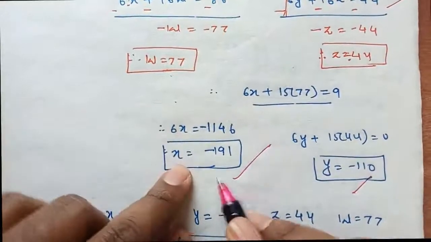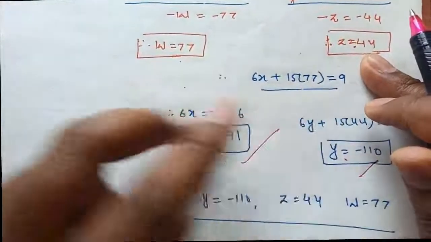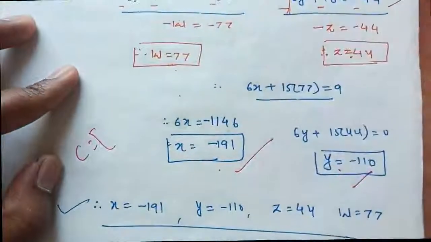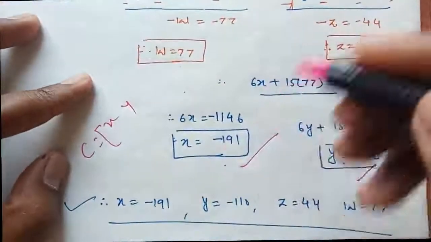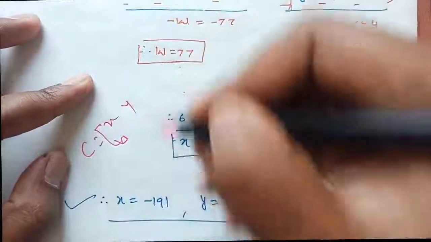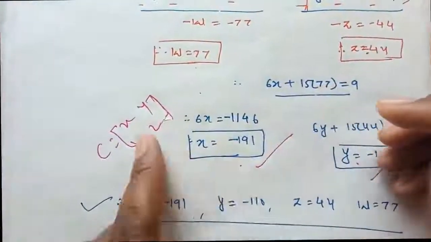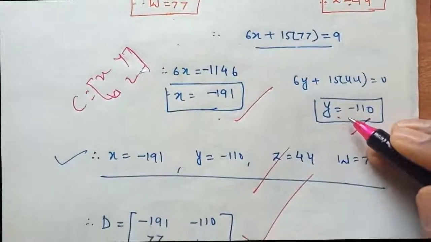So remember, I got the x, y, z and w values, and just substitute these values in the matrix we assumed for C, which is x, y, w, z. So in this matrix I have to substitute all the values. After substituting the respective values, I will get the final answer. So this is what we got, the D matrix.